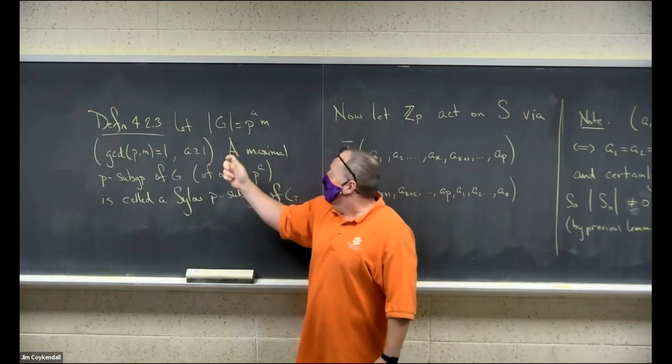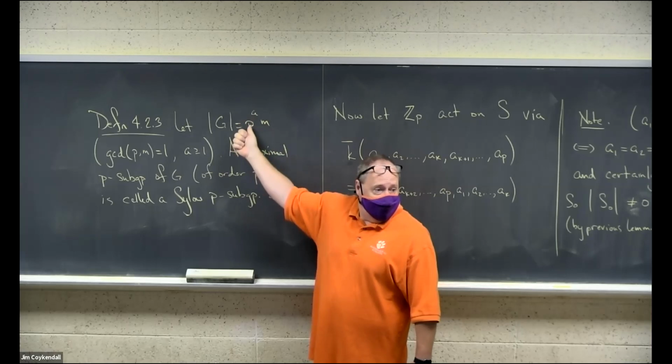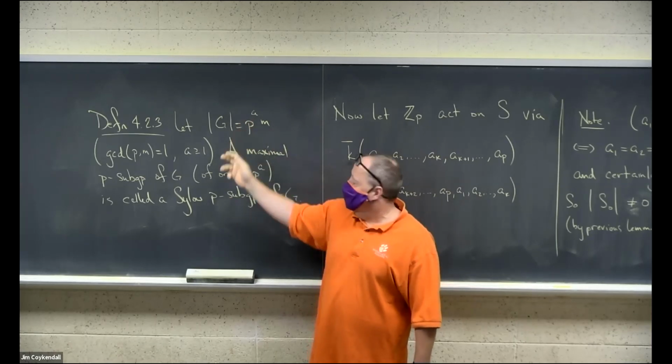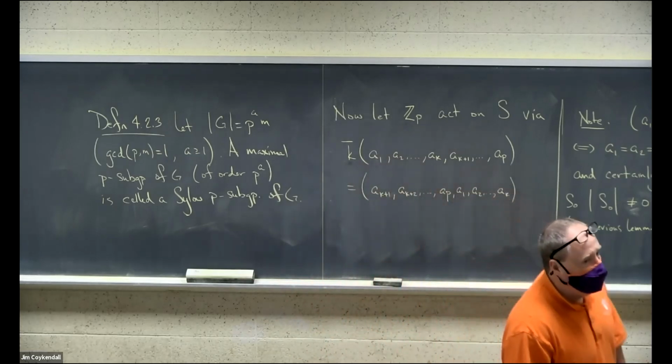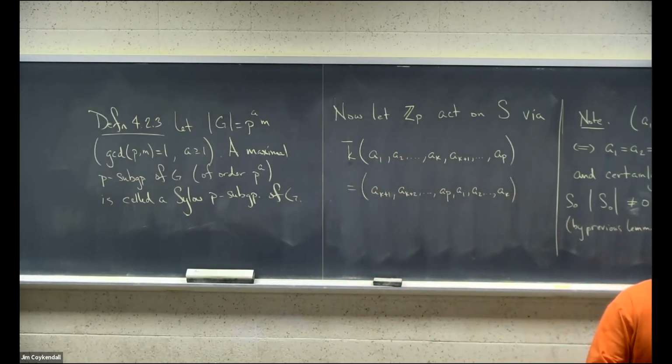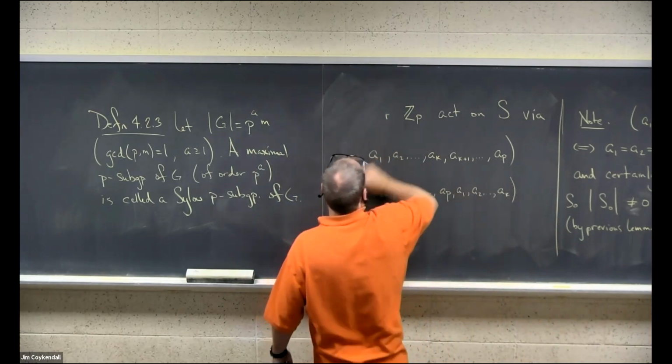Then a maximal P subgroup of order P to the A, that's the maximal possible order of a P subgroup, is called a Sylow P subgroup. I'm not going to say if it exists, because the Sylow theorems are going to tell us that this does exist. You always get one of these maximal P subgroups.